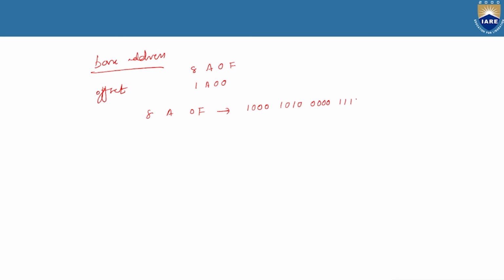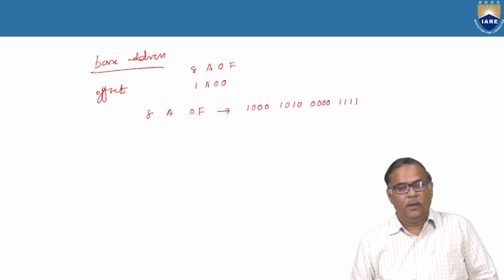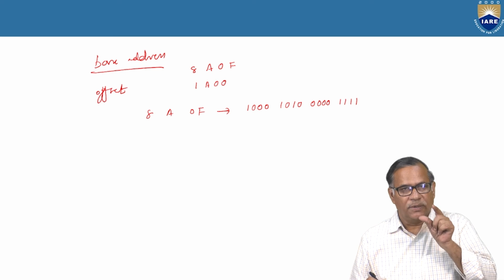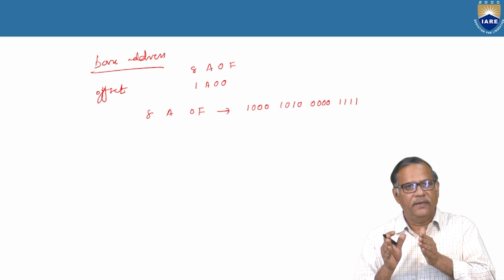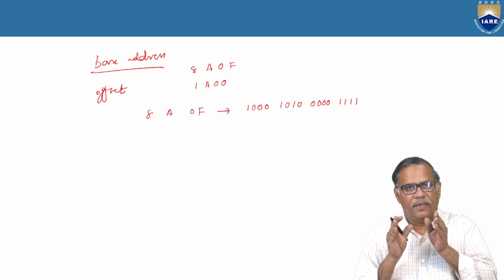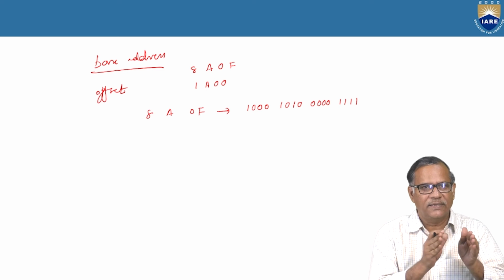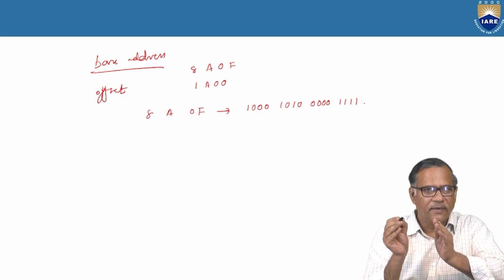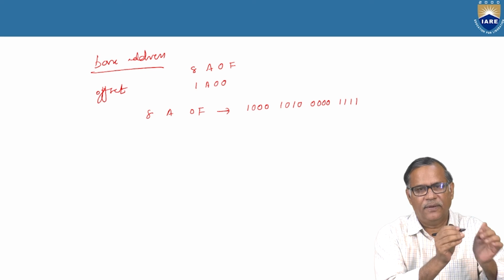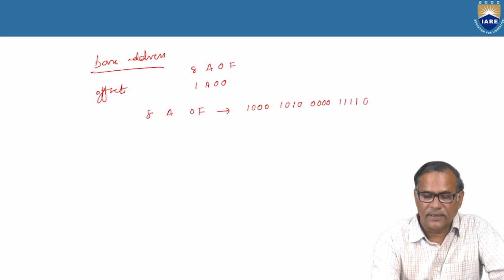Okay. Now to the base address, 4 zeros are added and they are shifted leftwise. The base address is shifted leftwise by 4 bits. So when it is shifted left by 4 bits, then 4 zeros are added to this.